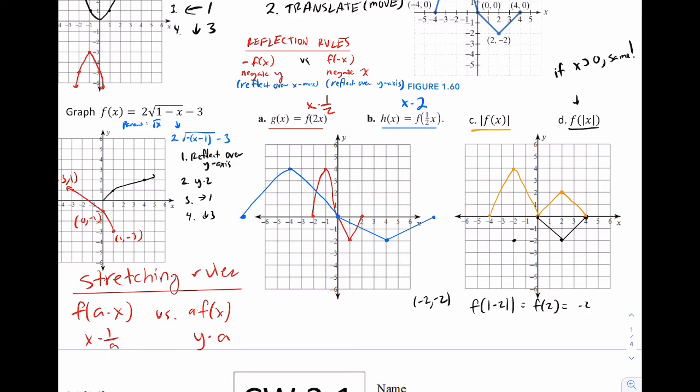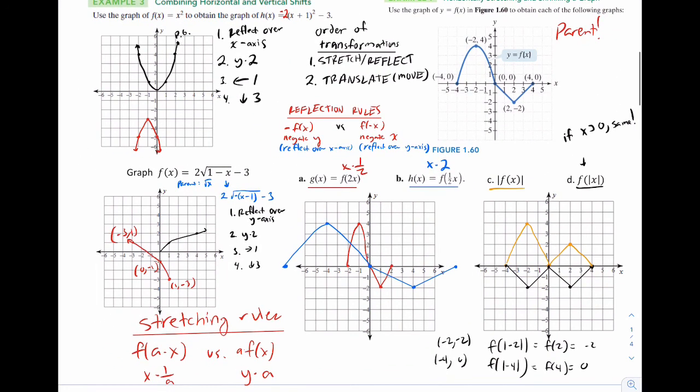And then let's try another one. Let's try f of the absolute value of -4, which means we're plugging in -4. That becomes f of 4, and f of 4 is 0, which means the point is (-4, 0). So look what happened. That's kind of weird. It actually erased this portion of the graph and copied it with this portion.